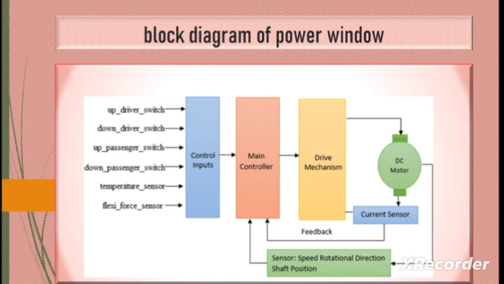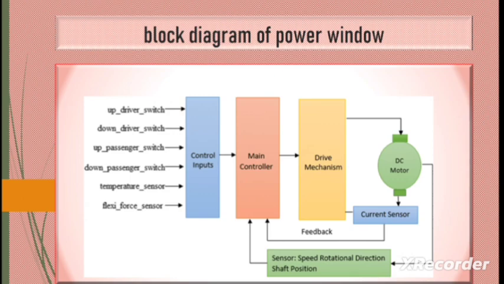Overall, the power window system is a complex electromechanical system that relies on precise control input and advanced control algorithms to operate safely and reliably. The main controller is the system brain, interpreting the control input and feedback sensors and generating command signals for the power window motor.